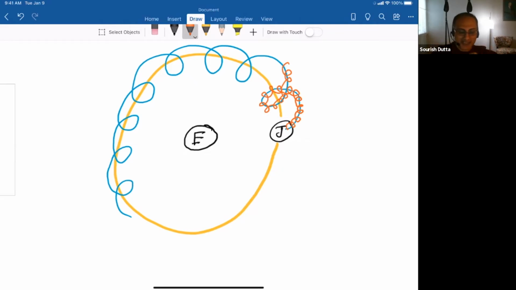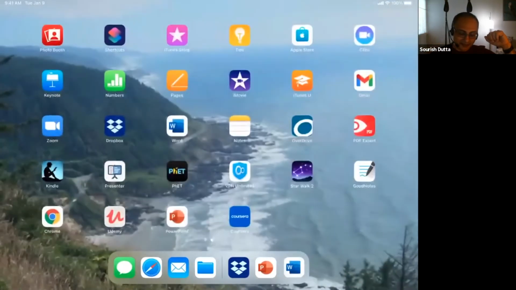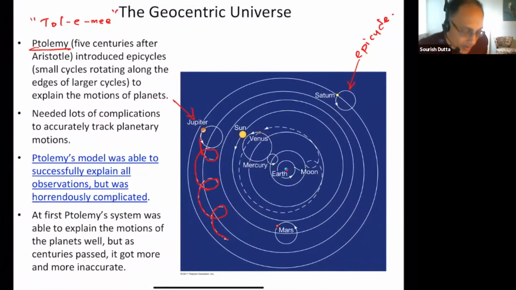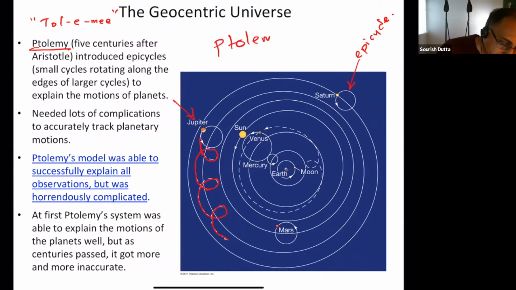So this model over the centuries started getting tremendously complicated. You have the Earth, you have everything orbiting the Earth, and these orbits are very complicated because they are not just circular orbits, they're circles within circles within circles, however many circles have been introduced up till that point. So Ptolemy's model, which is also called the Ptolemaic model, was able to successfully explain the retrograde motion of the planets.